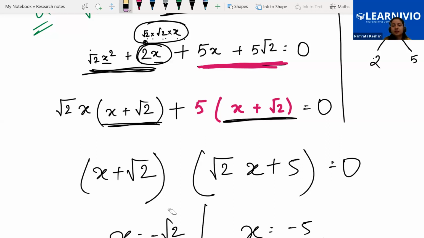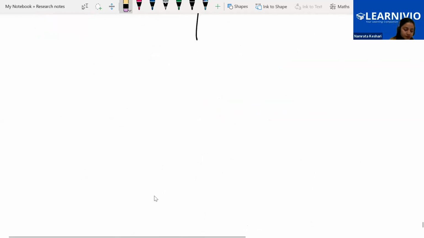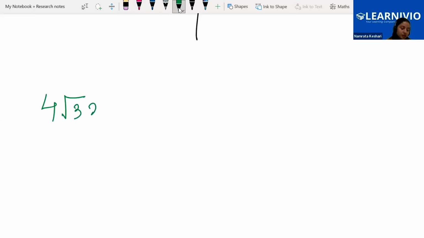Please solve this one. If you have understood the previous concept, please do this one. 4 root 3 x square plus 5x minus 2 root 3 is equals to 0.